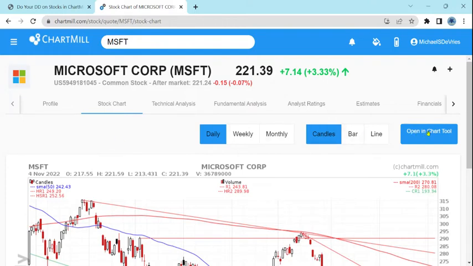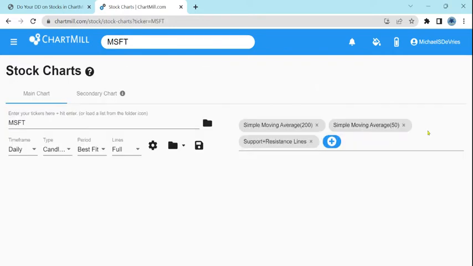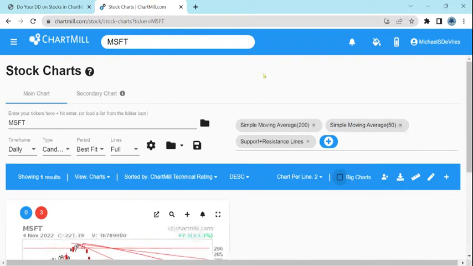You can also dig into the chart in more detail. You can see I have this option to open this in a chart tool, and this is a much more advanced charting tool. We'll go into this in more detail in a subsequent video of all the features of more advanced stock charting.